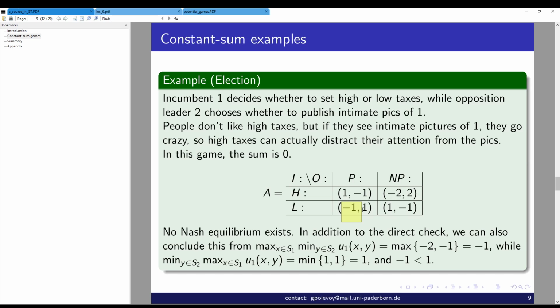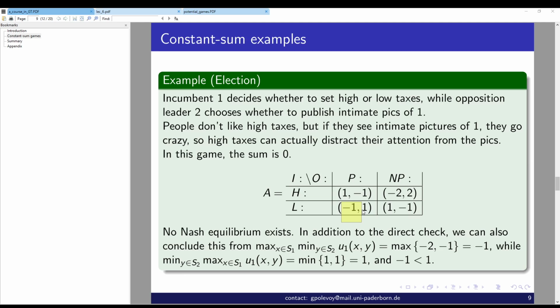It's a zero-sum game. So first of all, there is no Nash equilibrium, and we can simply check that in every cell there is at least one player who can unilaterally improve her utility by moving.